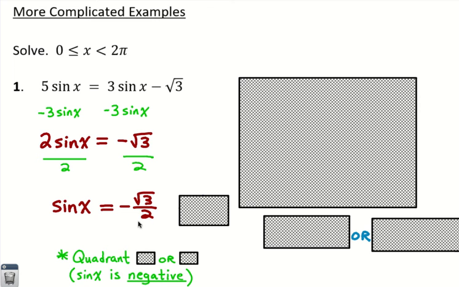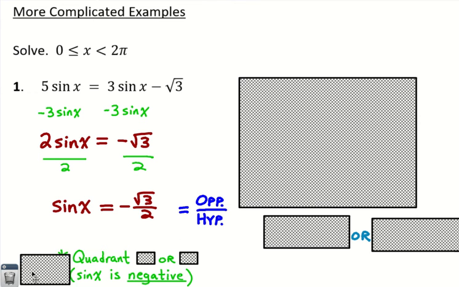Now we can look at this and actually start to think about what x could be. Does it make sense? Once you get this sine of whatever by itself, you can start to really get to the point where you ask, what could x be if the sine of x is equal to negative root 3 over 2?